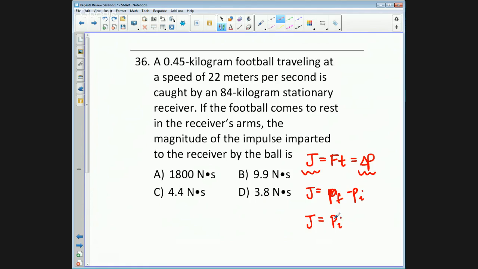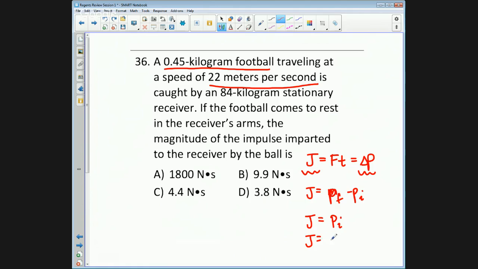Now what we're going to do is figure out what the initial momentum is. The initial momentum is, you have this football traveling at this speed.